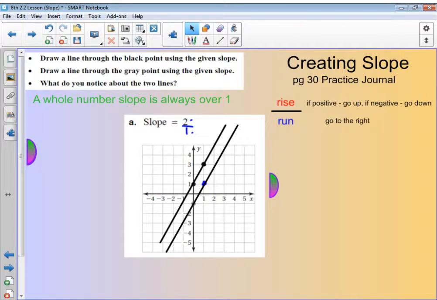Okay, and what do you notice about those two lines? They're parallel to each other, and they're never going to run into each other. So if you have two lines that have the same slope, both of those lines are parallel. They're never going to run into each other. Okay, so let's try another one of these.